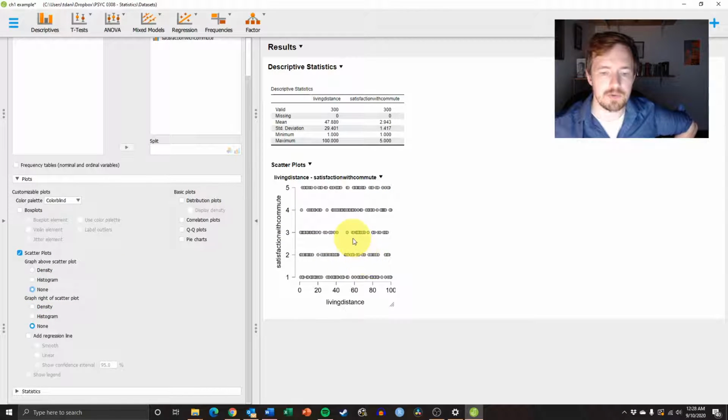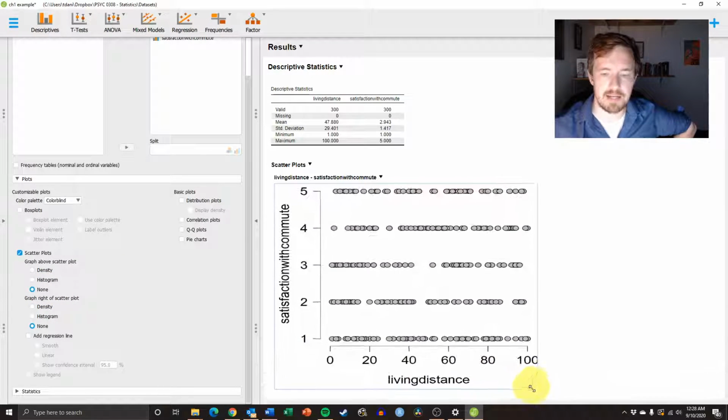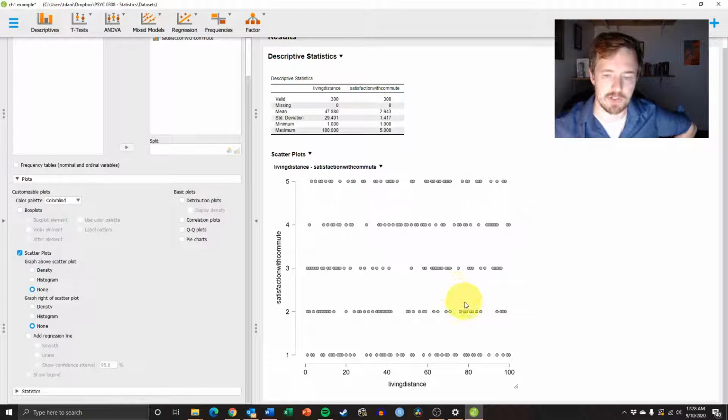Okay, so this is still kind of hard to understand, kind of hard to read, but what we're looking at right here is on the y-axis we have the satisfaction with the commute, and on the x-axis we have the living distance. And you can see there's not really any kind of systematic trend that I see here. I do see that there are these different lines, but remember that we have a problem with the scale here.